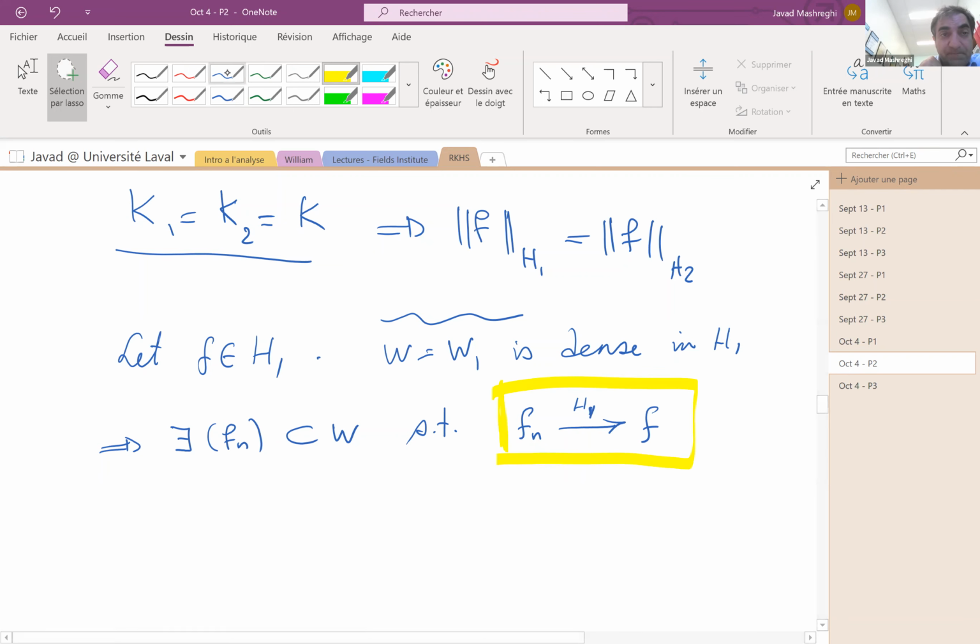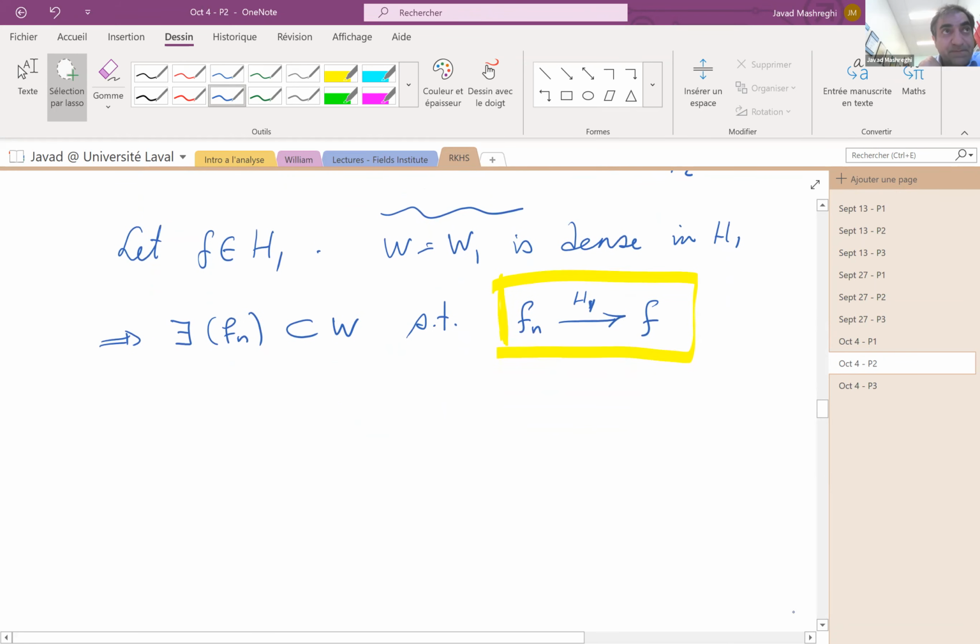That's one thing. Consequence of this convergence: two things. First, Fn of x goes to f of x for every x in omega.